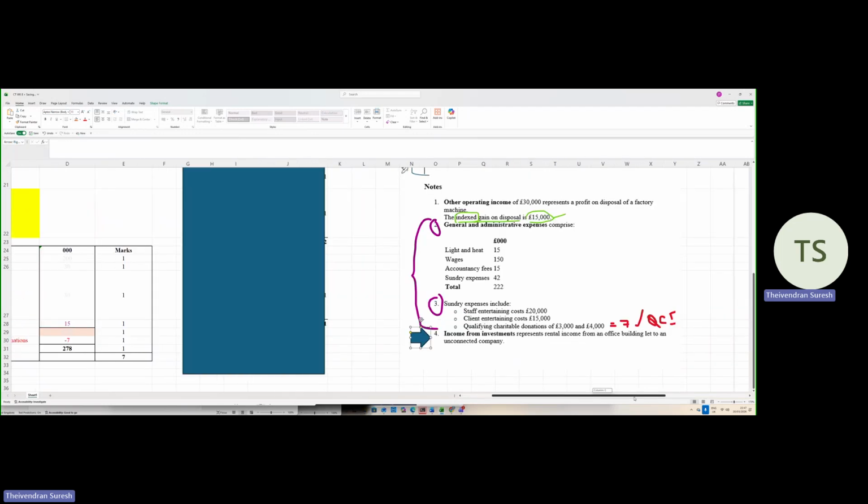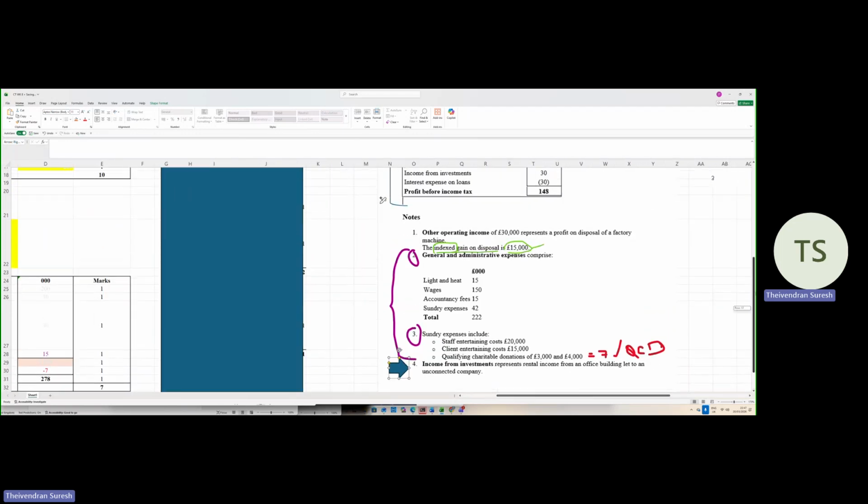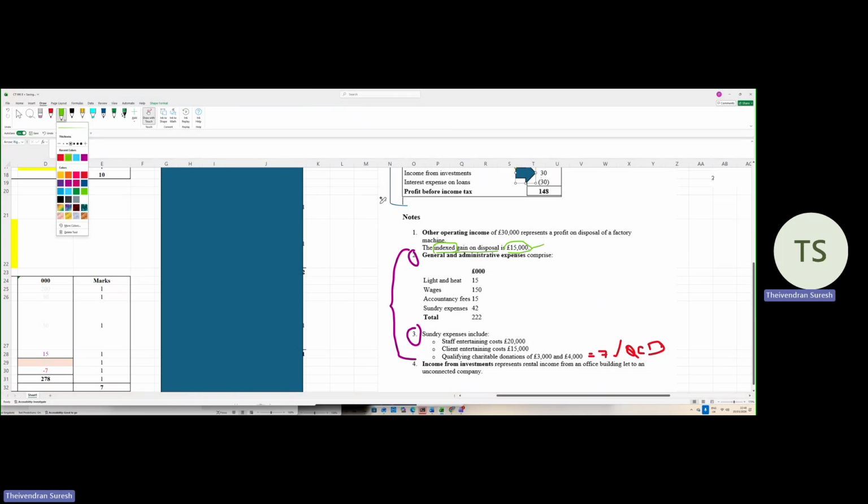Here they're saying income from investment. In my profit and loss account, I have an income from investments, which is 30,000. They're saying this income we receive from investment is simply because you have got a rental income from building.